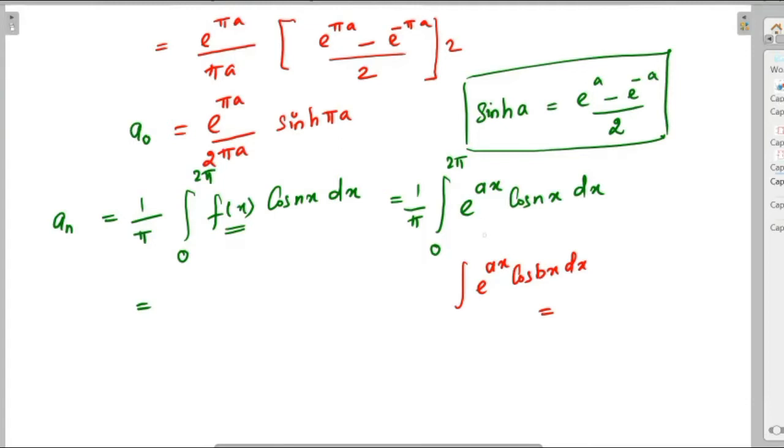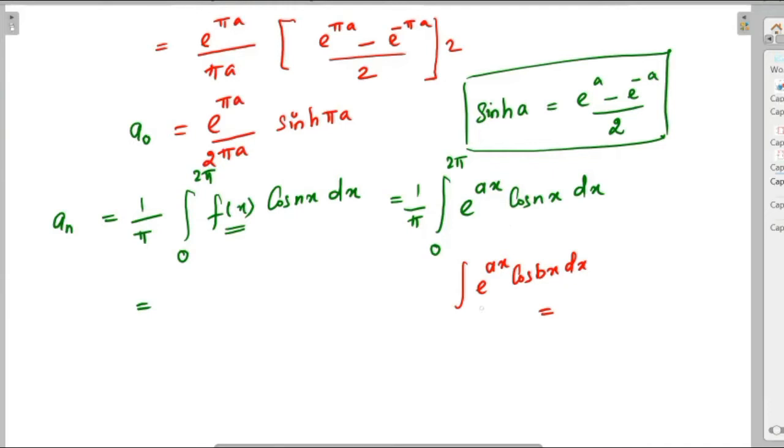But here we can't apply Bernoulli formula because suppose if you take any term as u, its successive derivative is not going to vanish to zero. It's not going to get zero.